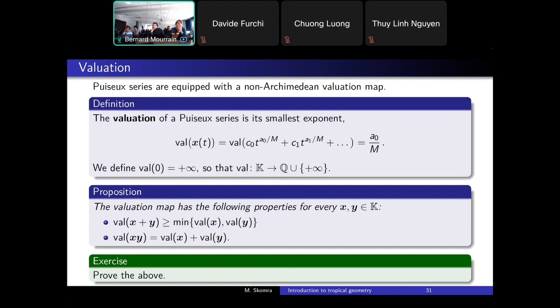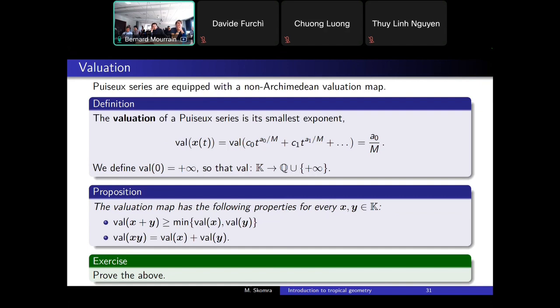So how can you interpret this? Imagine that this series is convergent for small t. Then this valuation tells you what is the behavior of your series around 0, right? Because around 0, this term is the most important term.